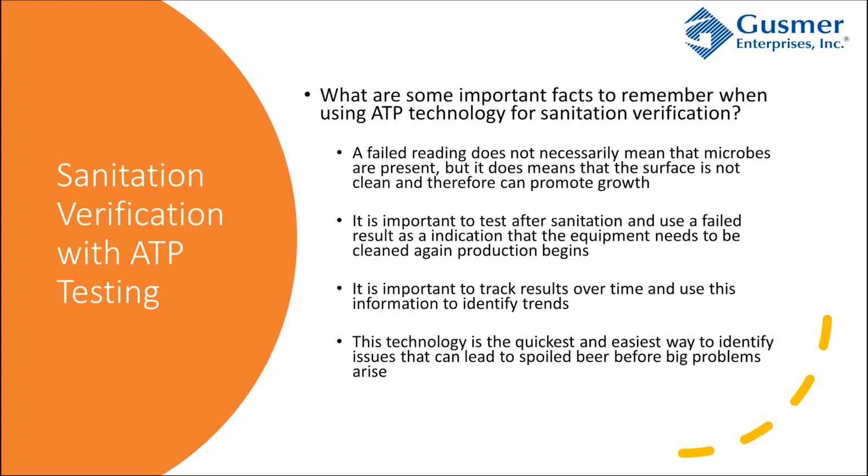It is important to test after sanitation and use the result as an indication that the equipment needs to be cleaned again before production begins. It is important to track results over time and use this information to identify trends. This technology is the quickest and easiest way to identify issues that can lead to spoiled beer before big problems arise.